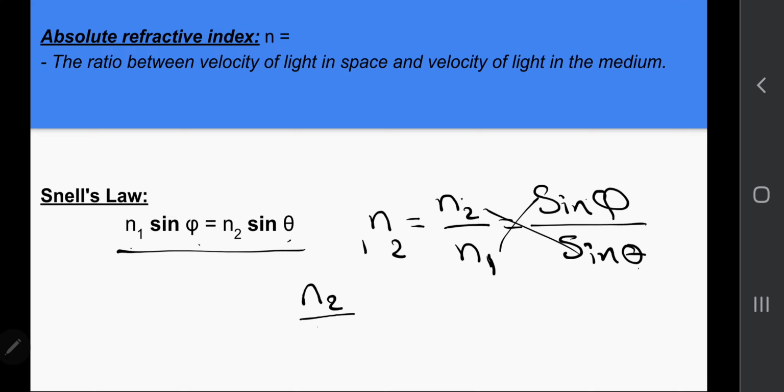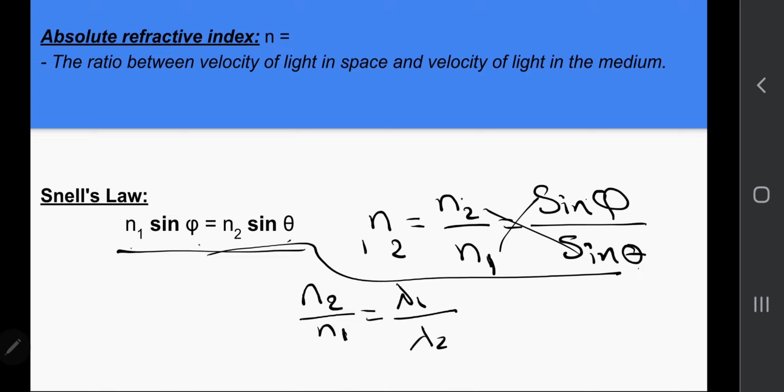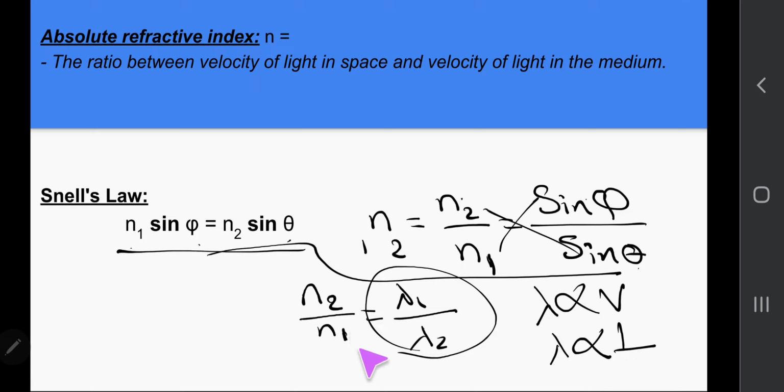So Snell's law is finished. But the last information: N2 over N1 equals lambda 1 over lambda 2. So the wavelength is directly proportional to the velocity and inversely proportional to the absolute refractive index. Okay, thanks and goodbye.